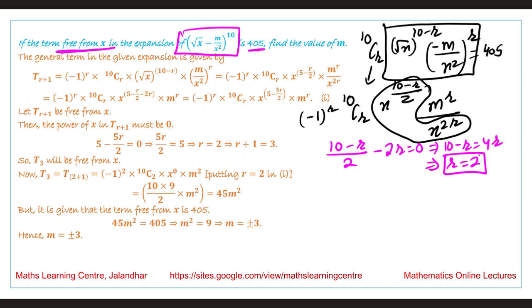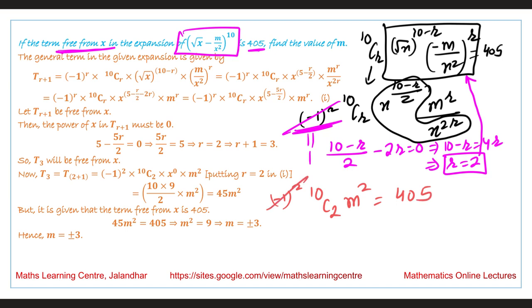So if we substitute r is equal to 2 in this equation, it will be equal to 405. So r is equal to 2 means this value will become minus 1 raised to the power 2, 10C2, m raised to the power 2, that is equal to 405. This value will become 1, and 10C2 will be 10 into 9 divided by 2.